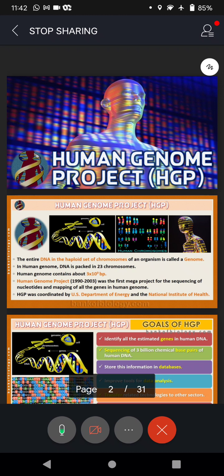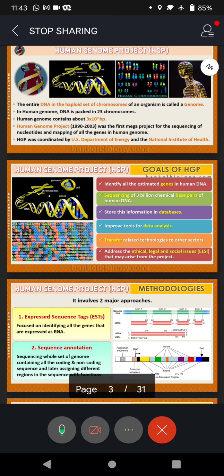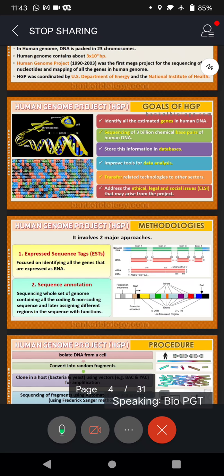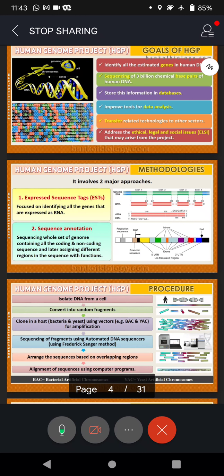We are back with our favorite chapter, molecular inheritance. And in that we have been discussing and deliberating upon HGP for the last two sessions. There are targets, goals to be achieved in HGP. We discussed the goals of HGP and what actually is done on ground and how it is done through methodologies.